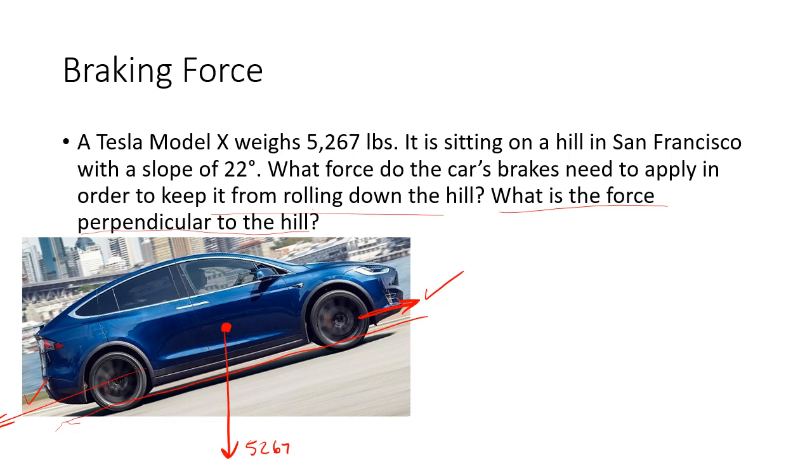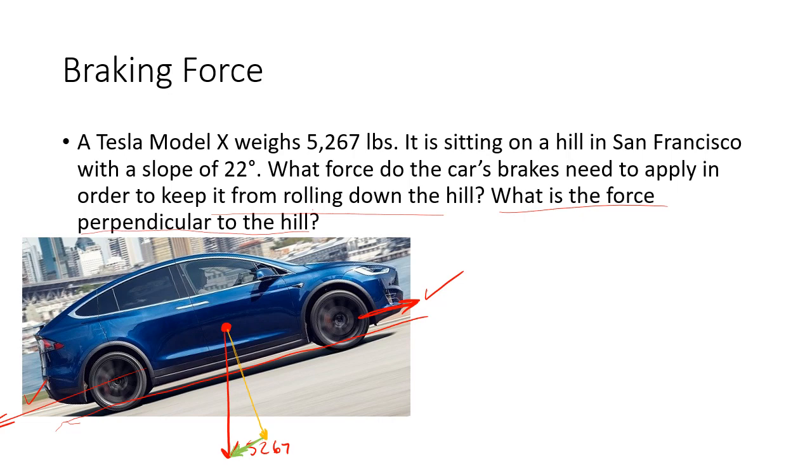Well, what we do is we break this force down into two components. We break it down into a force that is perpendicular with the surface that it's on, and then we also have the vector component that is parallel with the ground.